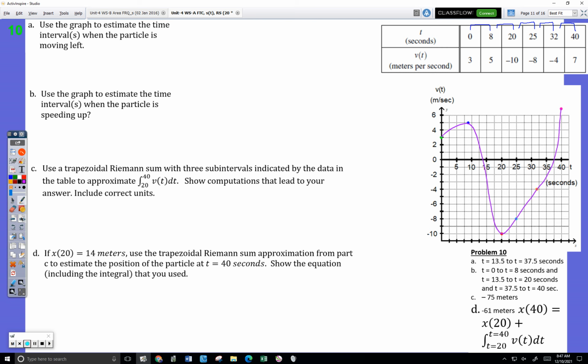Waiting here, get more people. There we go. Keep going, a few more, come on. What's the answer to 10A?